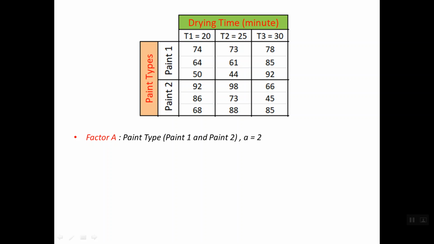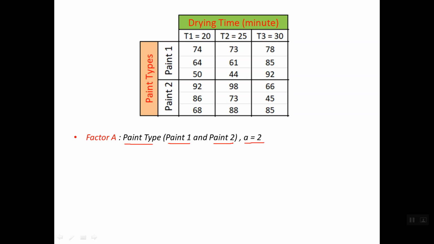First of all, let's understand the details of the question again in order to understand how to solve the two-way ANOVA test by hand. As I have mentioned, we have the factor A, which is the main factor. It's called the main factor A, which is the paint type. And we have two levels, paint 1 and paint 2.